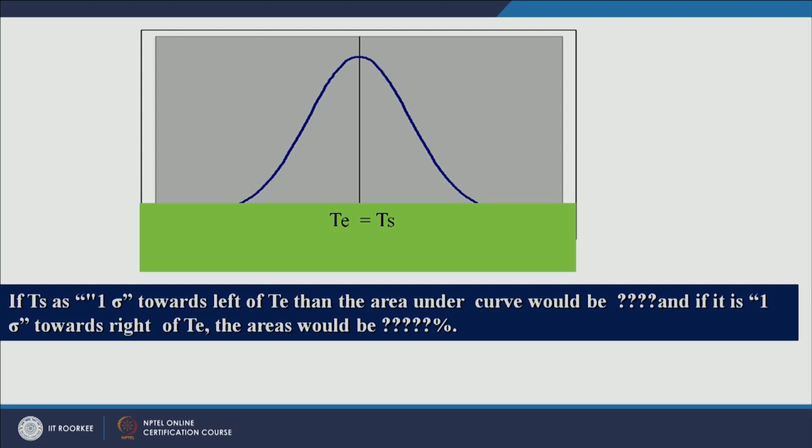Now you should answer my question. If TS is towards the left of TE, then what would the area under the curve be? Let me draw this curve.